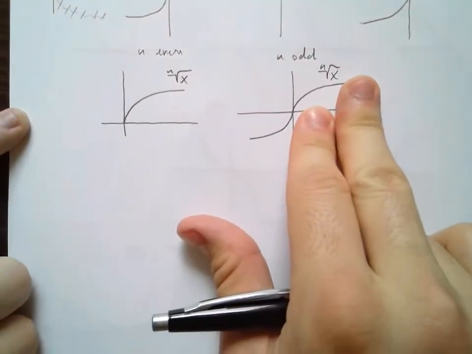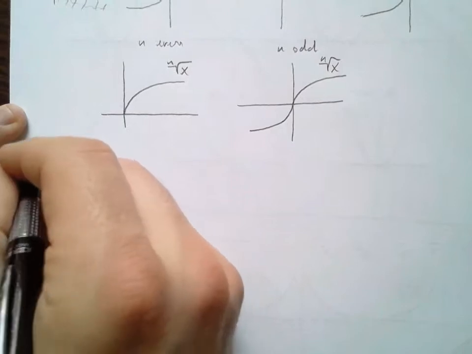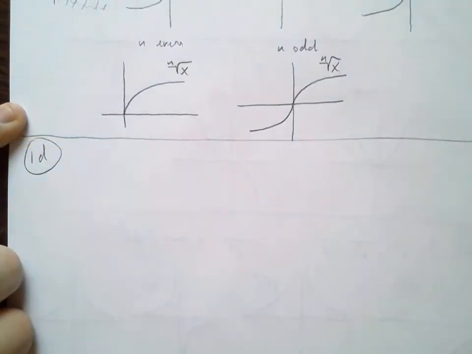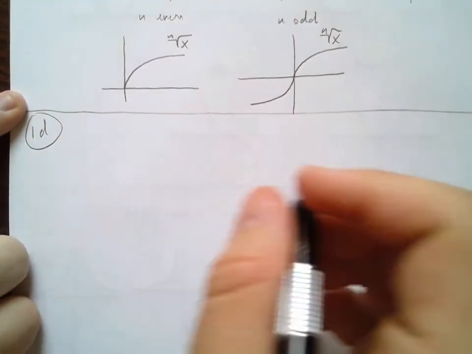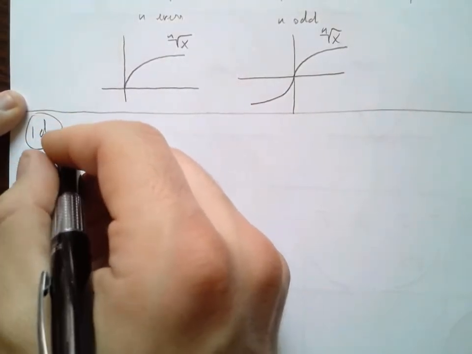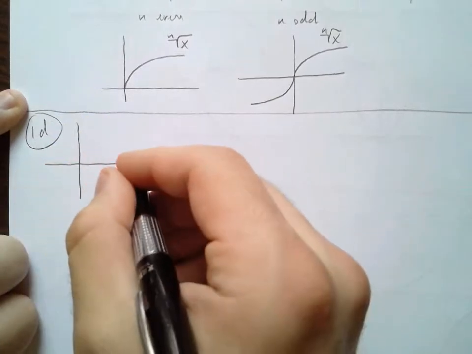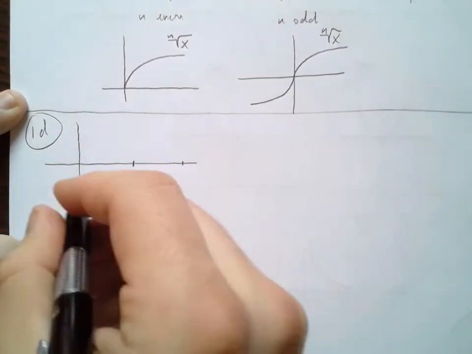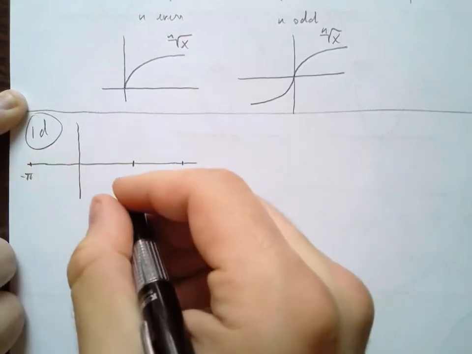Now let's take a look at 1d, which has us graph trigonometric functions. Let's see, I'll start with y equals sine of x, and I'll only graph it from between 0 and 2 pi. Maybe I'll start at minus pi, because we'll need that later.